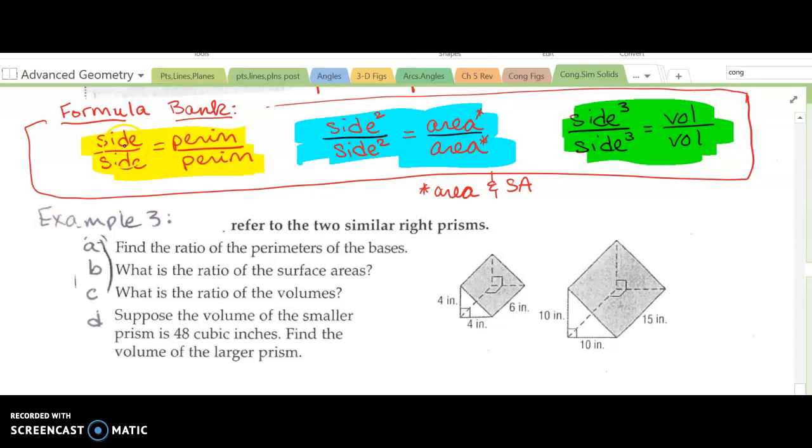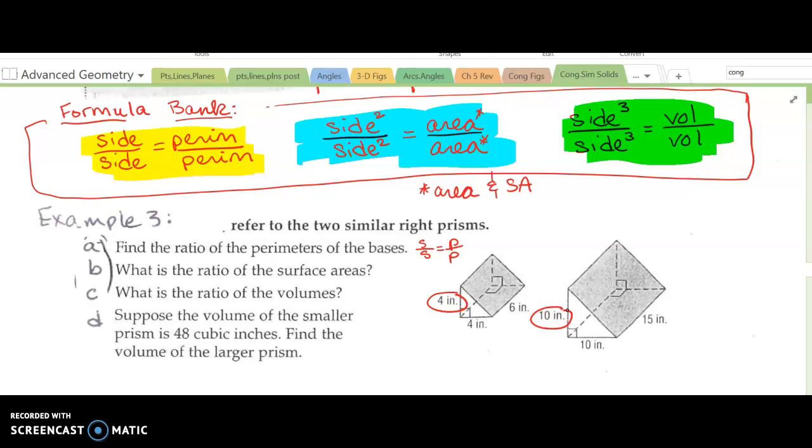So we know since the side-to-side ratio equals the perimeter to perimeter, I can pick any set of side-to-side. So I know if I pick any set of matchy-matchy sides, they will reduce to the same ratio. 4 is to 10 reduces to the same thing as 6 is to 15.